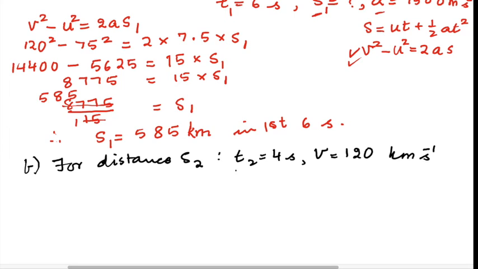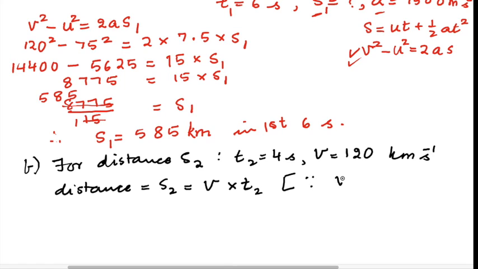So since there is no retardation over here, it is going in straight course, we are going to have distance, that is S2, will be equal to velocity multiplied by time.